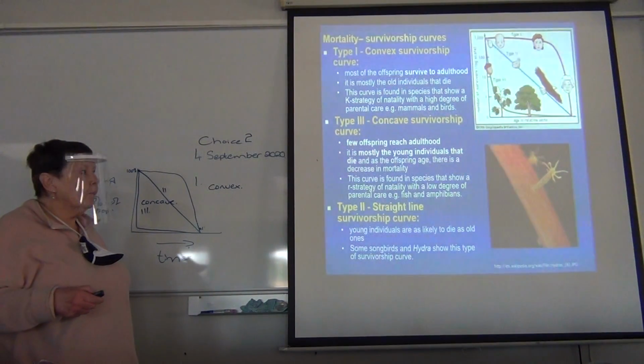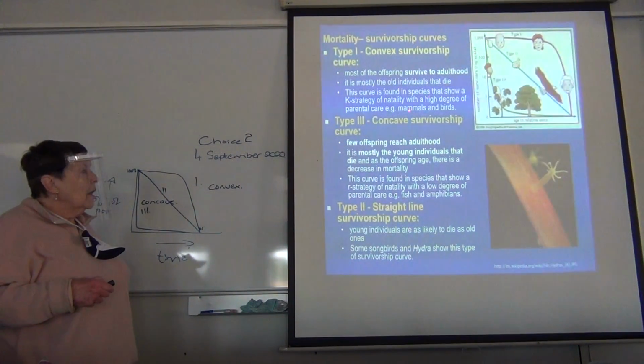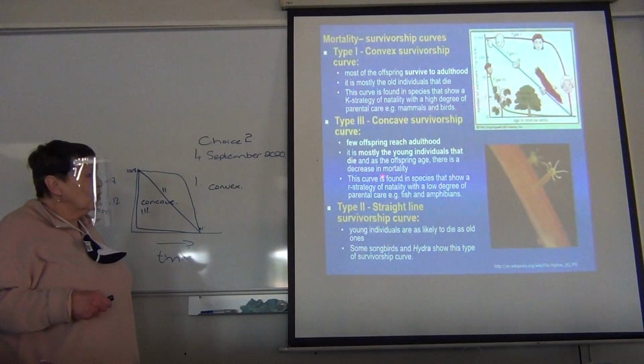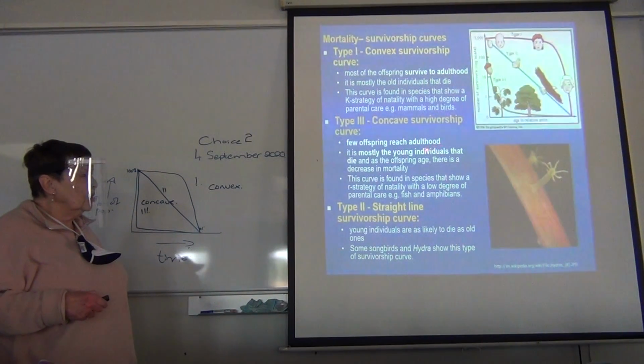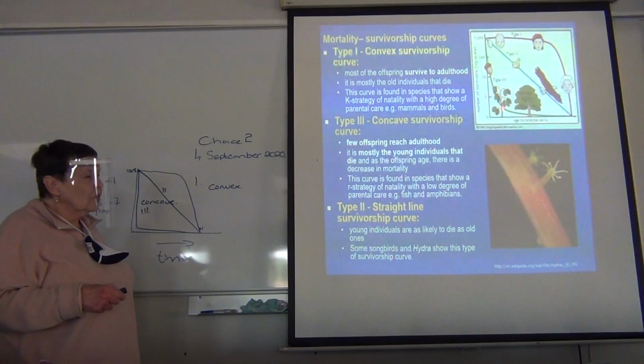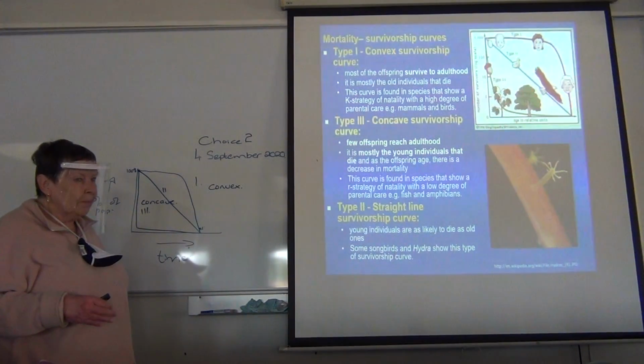Type 3 is a concave survivorship curve. Few offspring reach adulthood. Mostly the young individuals die. As the offspring age, there's a decrease in mortality, and so this graph loses slope very slowly.